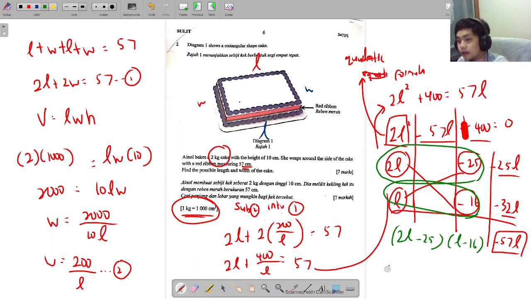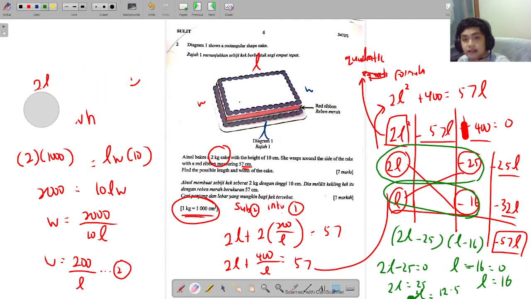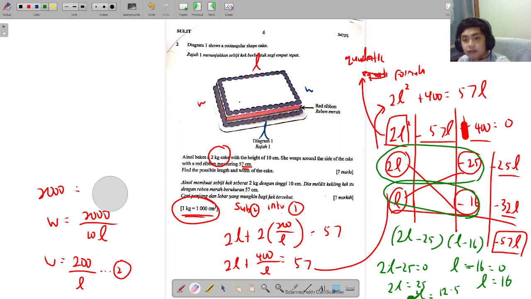So I can solve for L. That means 2L minus 25 equals 0, L minus 16 equals 0. So 2L equals 25, L equals 12.5, and L equals 16, right? So I have one set of solutions here. My other set of solutions is going to come from here. Maybe I'll just use equation 2 and sub it back into 2.